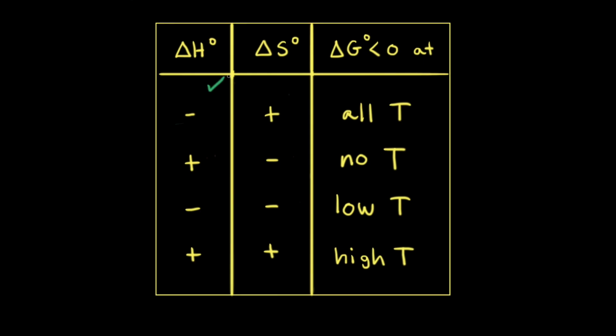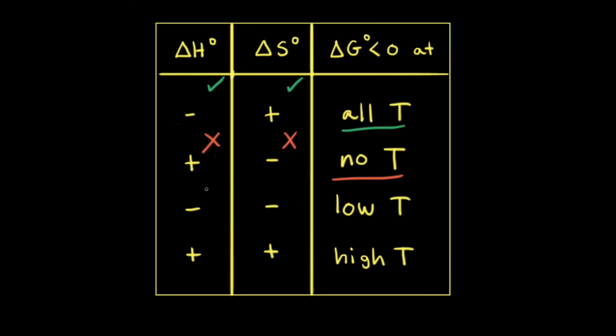When delta H naught and delta S naught are both favorable, the forward process is thermodynamically favorable at all temperatures. When delta H naught and delta S naught are both unfavorable, the forward process is thermodynamically favorable at no temperatures. Or you could say the forward process is thermodynamically unfavorable at all temperatures.